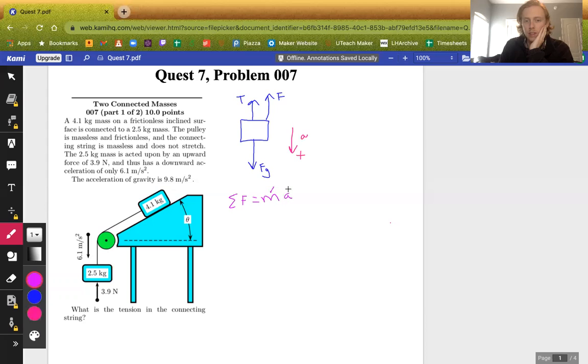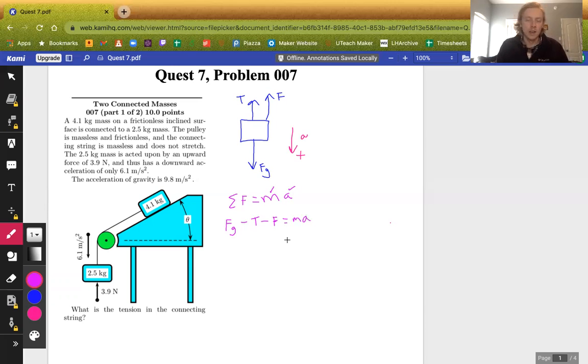We know both of these things, which is good. So what is the sum of all of our forces? Since down is positive, we have a positive gravitational force, positive Fg, and the two forces pointing up are negative: minus the tension, minus this applied force, equal to the mass times the acceleration.